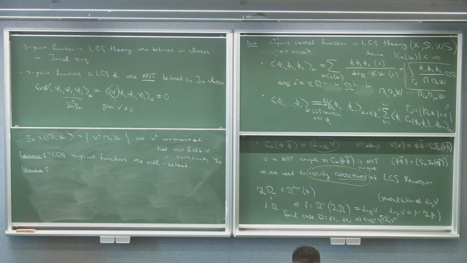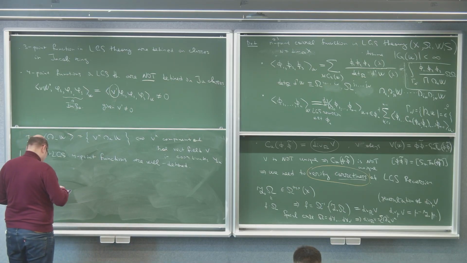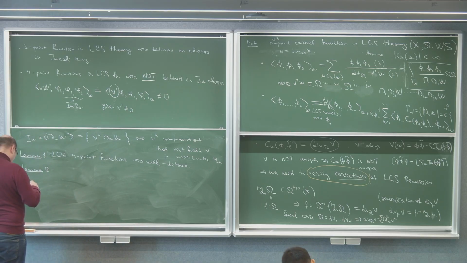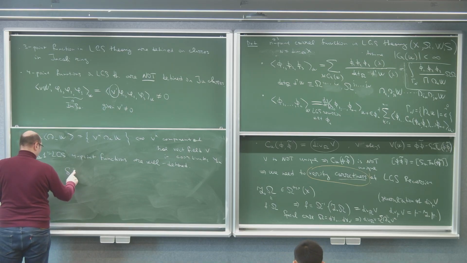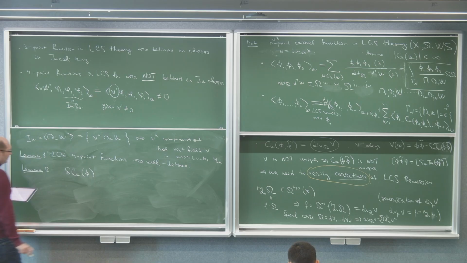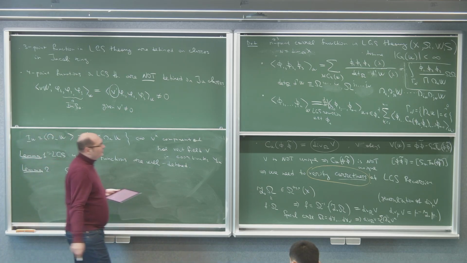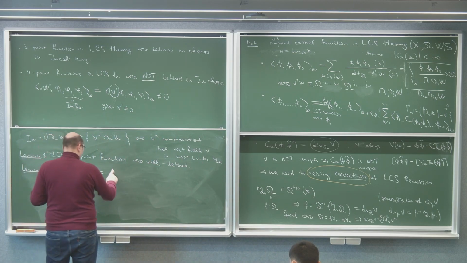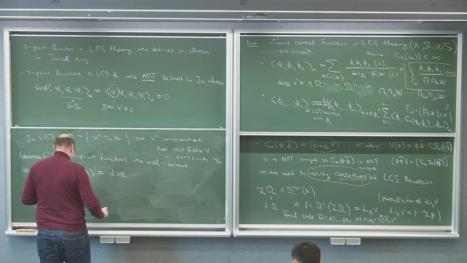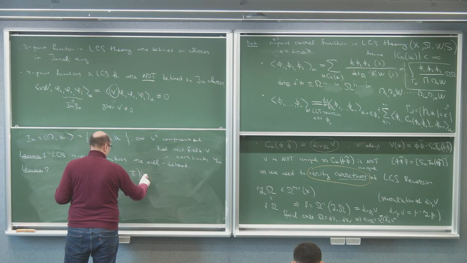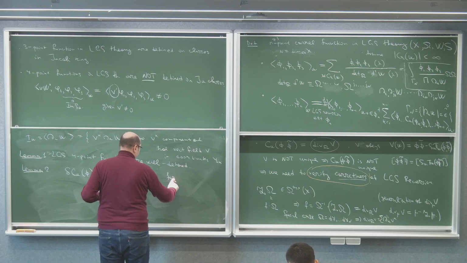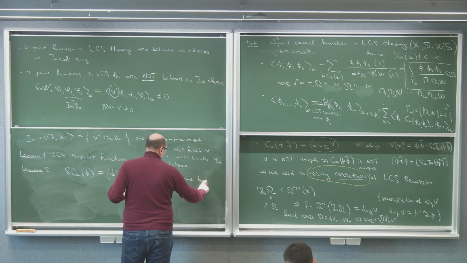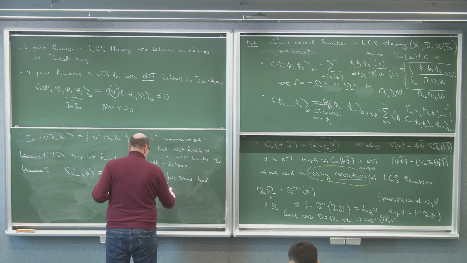Let me call delta CW the non-uniqueness in the CW, and the statement is that delta CW is the holomorphic divergence of P applied to W, for some holomorphic bivector P.